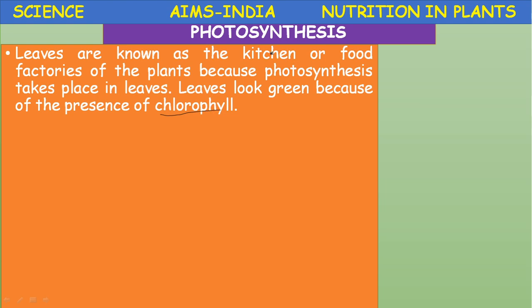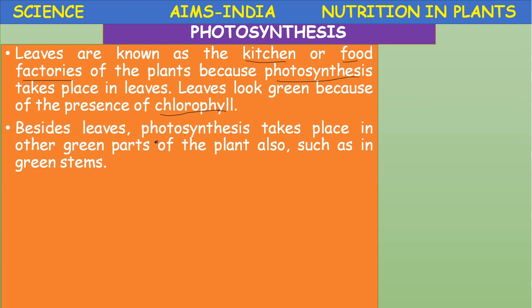What do you call the leaves? Leaves are otherwise called kitchen, where food is manufactured, or they are also called food factories of the plants. Why? Because the food is manufactured in the leaves by means of a process called photosynthesis. So this photosynthesis is possible because of the pigment chlorophyll.